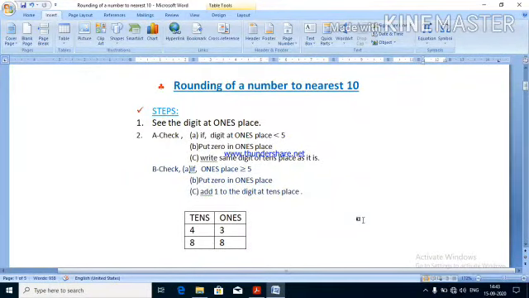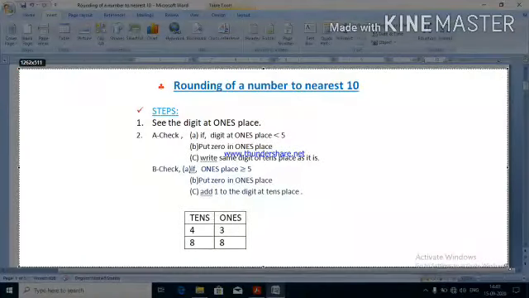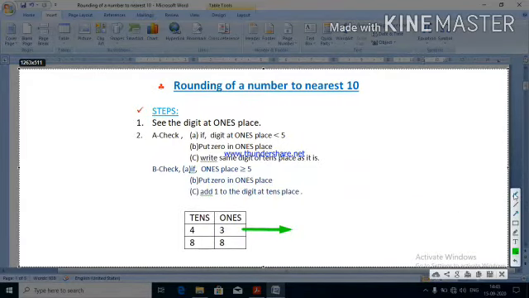For this, let us see the examples. First example is 43. Here you have to find the rounding of the number to the nearest 10. For 43, see the digit at ones place. We have to check the digit at ones place. Ones place is 3.